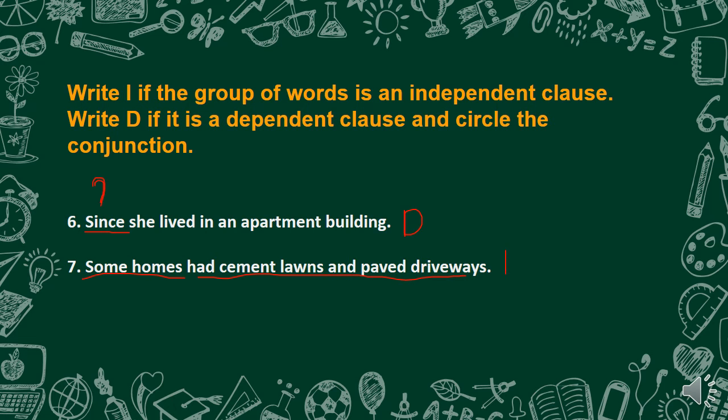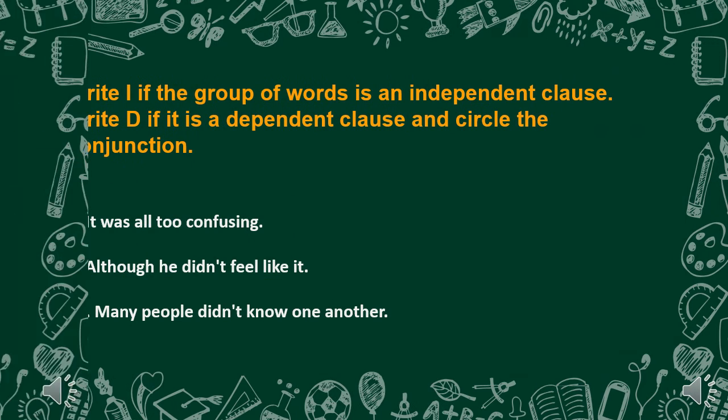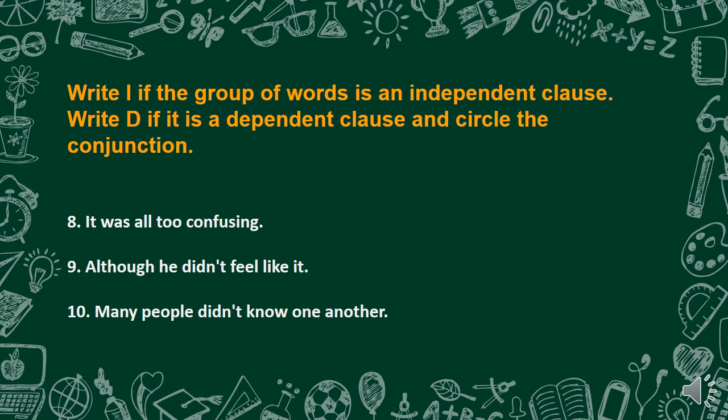So we have here an independent clause, a complete sentence. It was all too confusing. Did you understand anything? Yes, that it was too confusing. So we have here an independent clause.